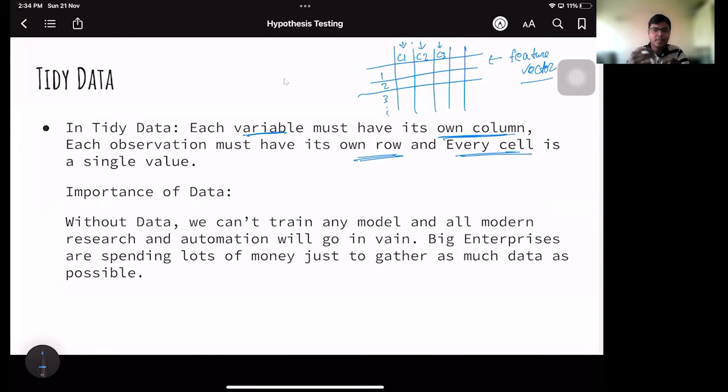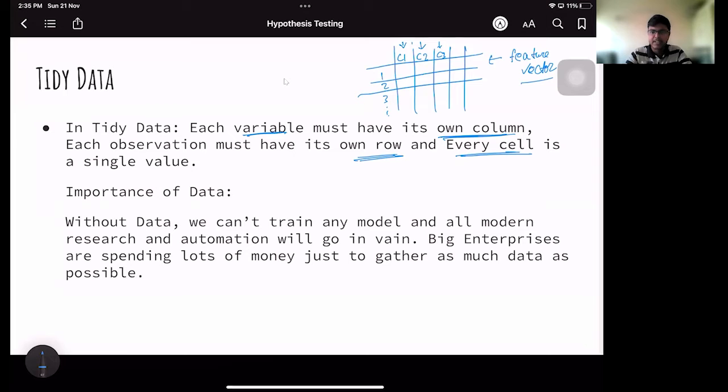But what is the importance of data? Like I said, it is used in machine learning, but why is it so important to have good data? Why is data required? Without the data, we can't train any model, and all modern research and automation will go in vain. Google Maps is also a machine learning mediated model.